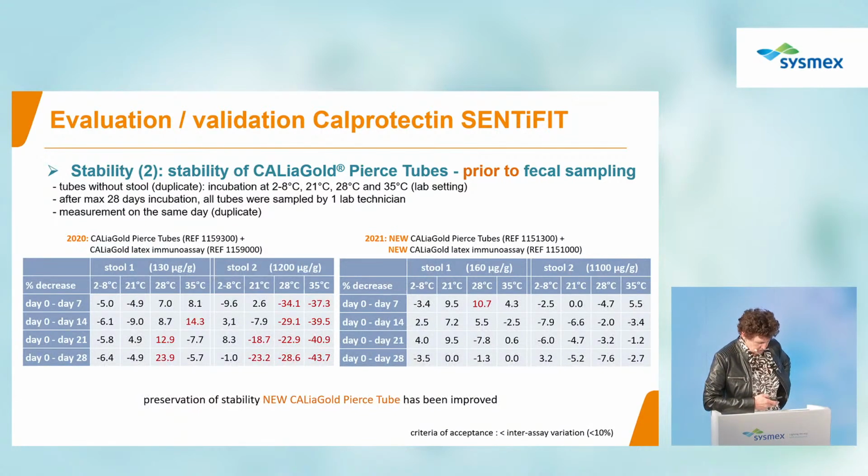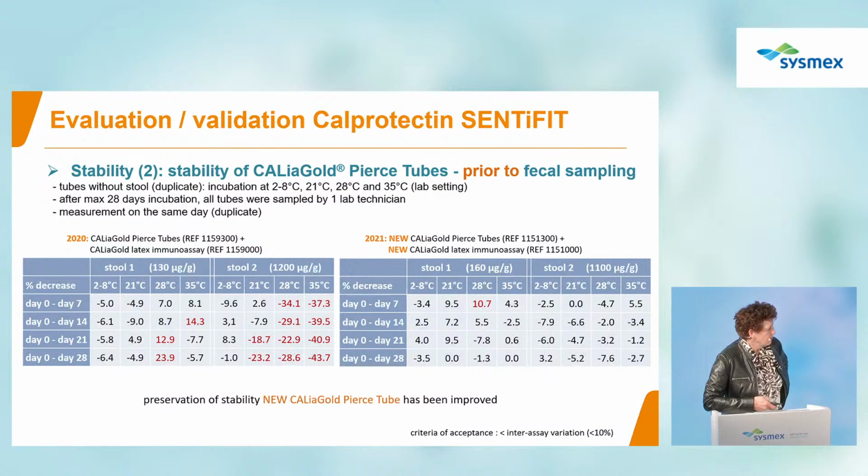In 2021, Sentinel launched a new tube, like I said before, the 1000 CSE, and then we did the test again. What we see then is that when we keep the tubes in the fridge, we have a comparable result. But when keeping the tube at room temperature, like it is recommended, even when it is higher in the summer, up to 28 or 35 degrees, we still have good results, which is only leveling down about 2 to 4%.